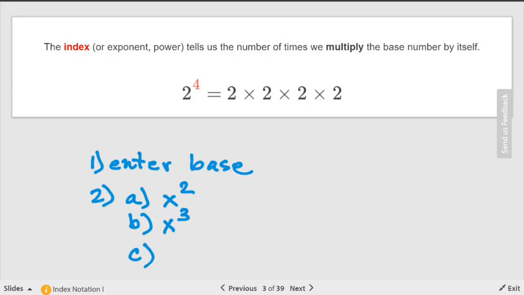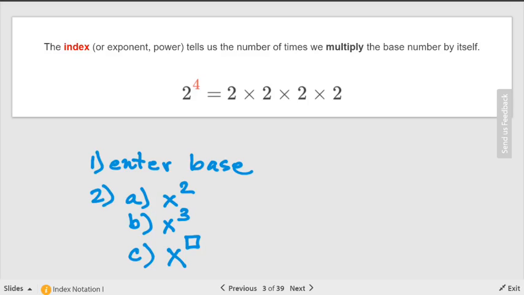Then, if not, you're going to have something, and it just depends on the calculator. Those 2 are the most common exponents you're going to use.